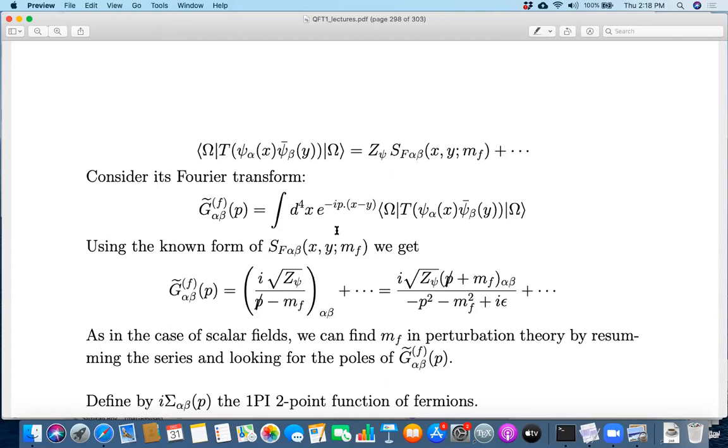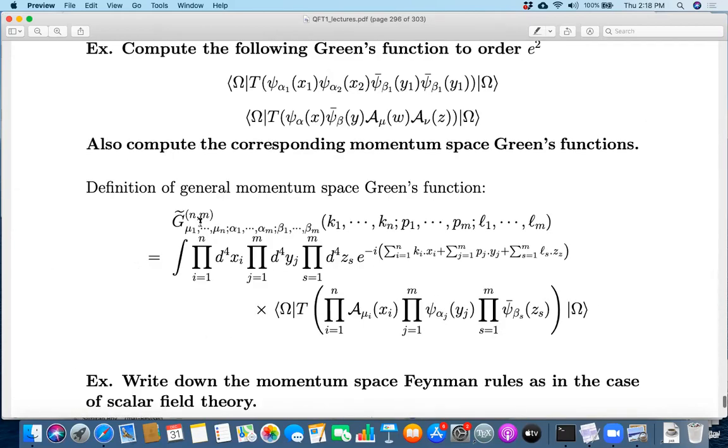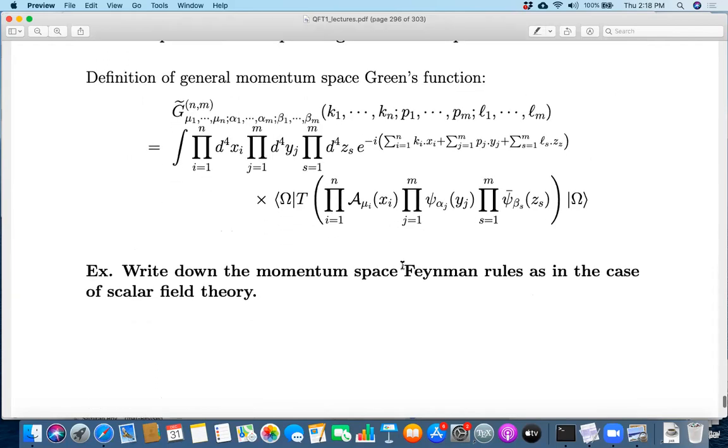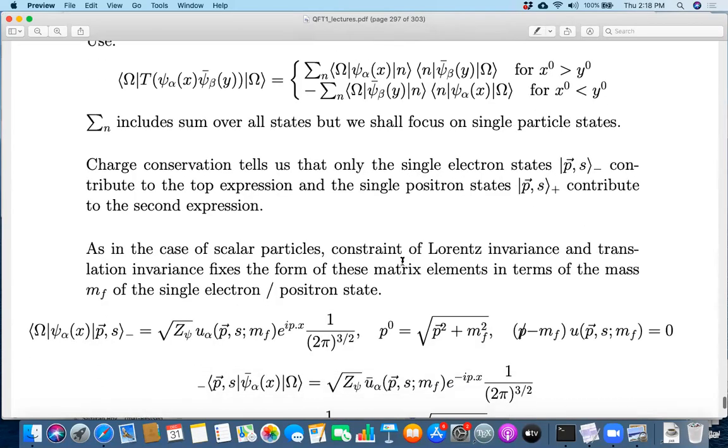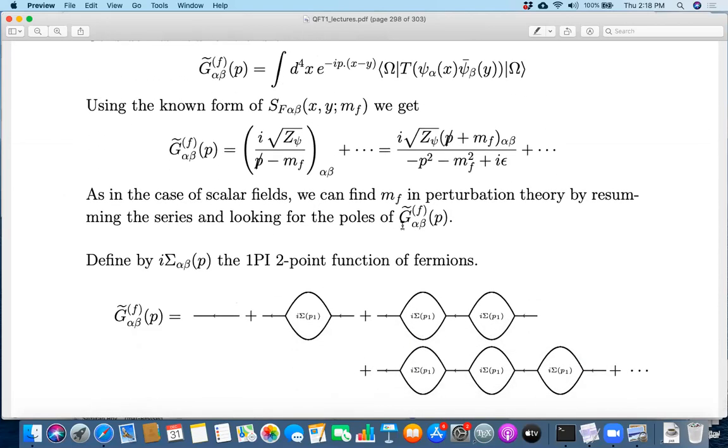So this is the non-trivial part of the Green's function. This is not exactly the same as what we had here, because here you integrate over every x, so you should have integrated over x and y in that formalism. So this G tilde f notation is slightly different. Is this okay?